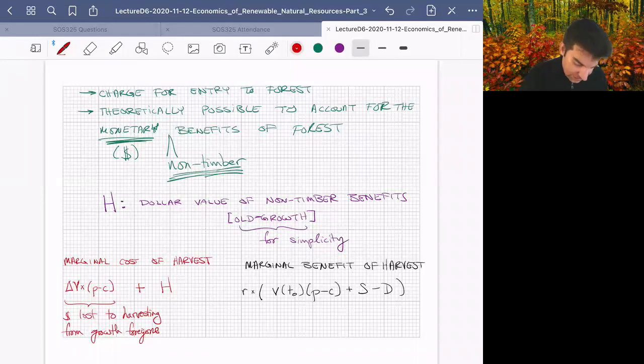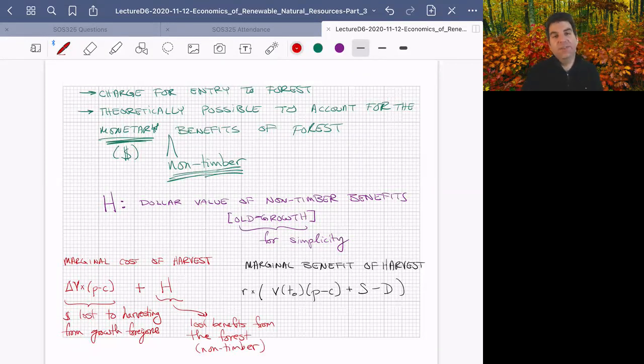And then the H here, these are the lost benefits from the forest. So these are non-timber benefits. In other words, if I cut the forest down, then I can't charge access to that. So suddenly I lose those benefits.